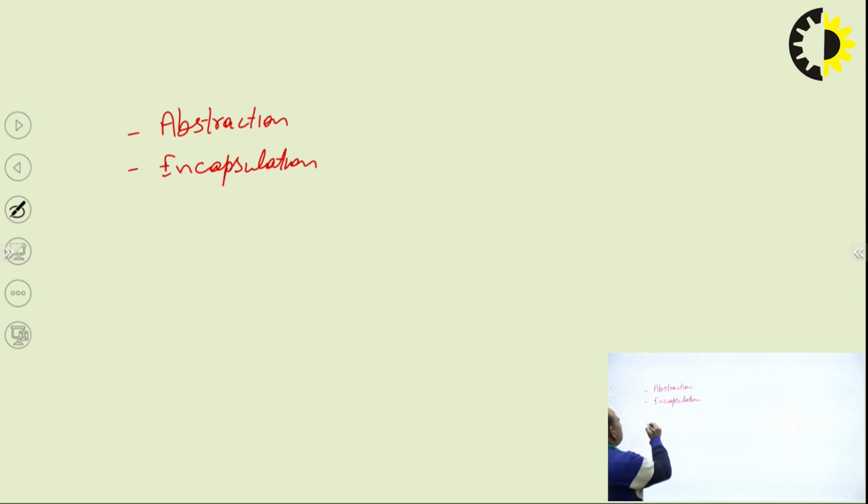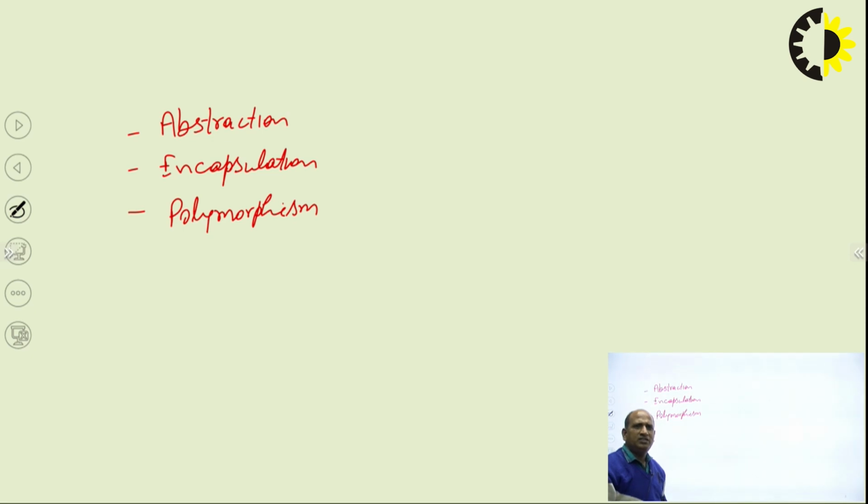The next concept is polymorphism. As the name suggests, poly means many and morphism means form. When one entity shows many different behaviors at different places, the behavior of that entity is called polymorphic behavior, and this concept is polymorphism.